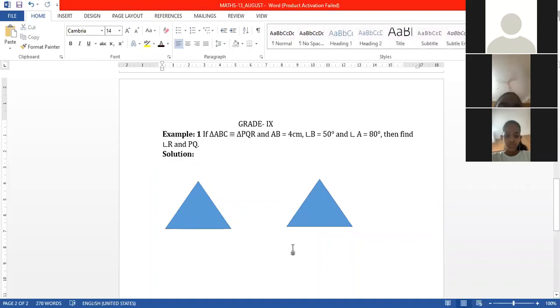There are two triangles, everyone. First triangle is ABC, and this triangle is PQR.